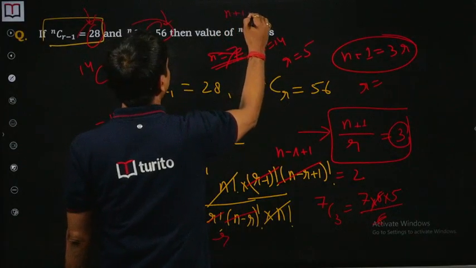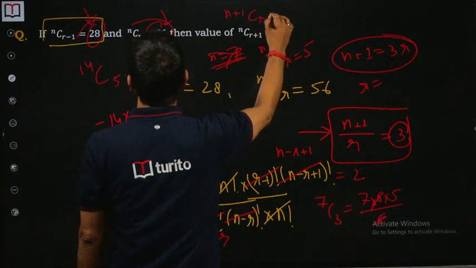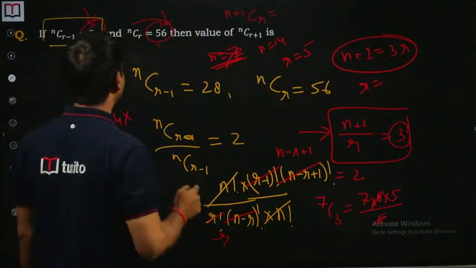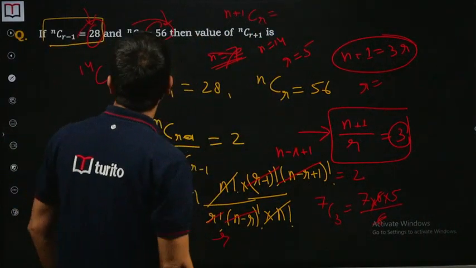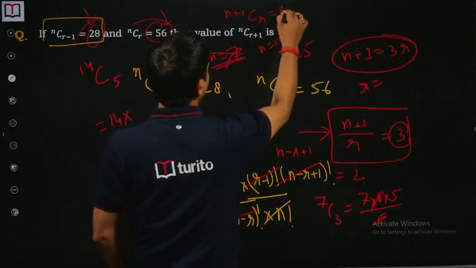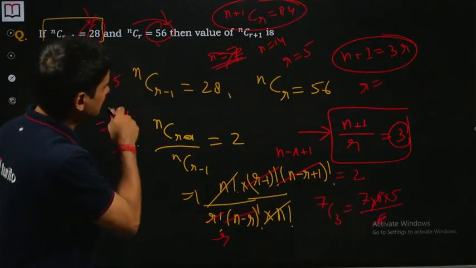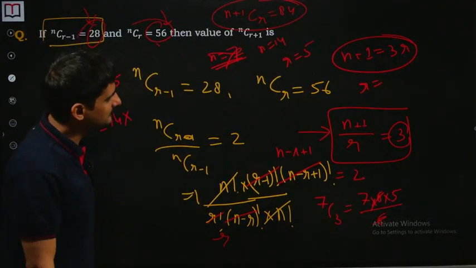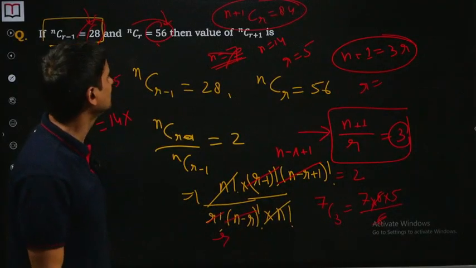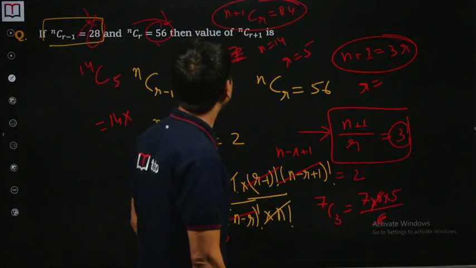We get n plus 1 C r, which is equal to how much will that be? 20, 30, 36, 84. And we have n plus 1. But then if I replace n plus 1 by 3r, then also we won't be able to simplify it.